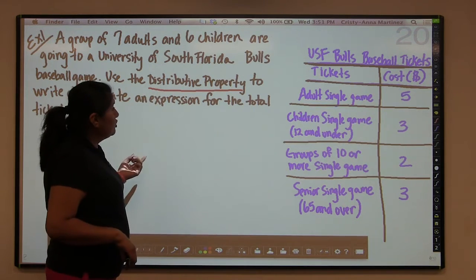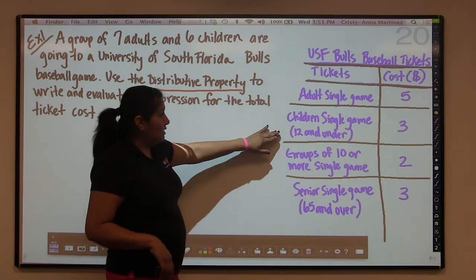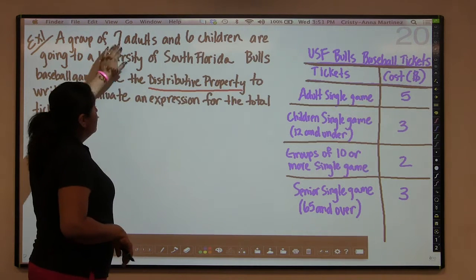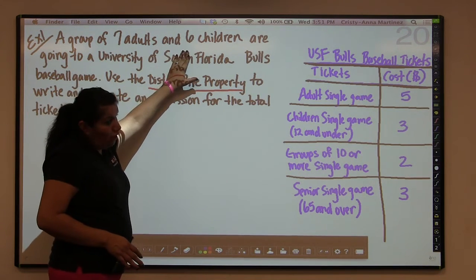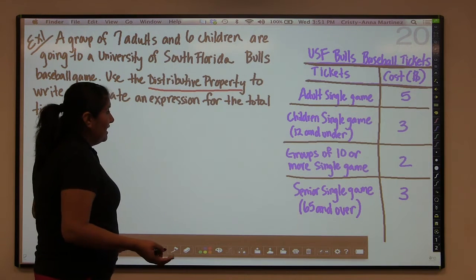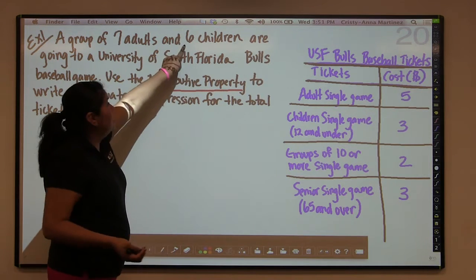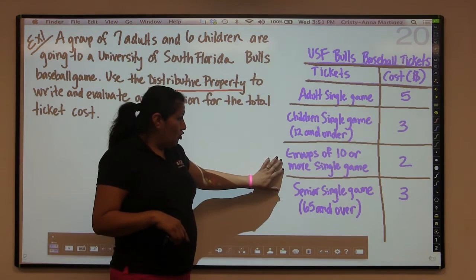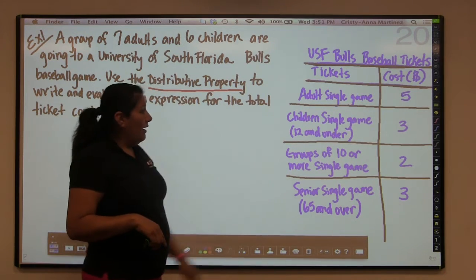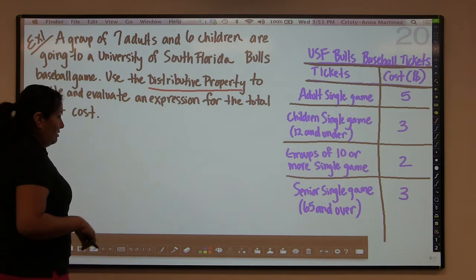But we also have some children, and children are in this bracket. So you might think that you'd have to take 7 tickets at $5 apiece and then 6 tickets at $3 apiece. But since 7 and 6 is 13, we're going to be getting a group of 10 or more discount. So we're only going to be paying $2 a ticket.